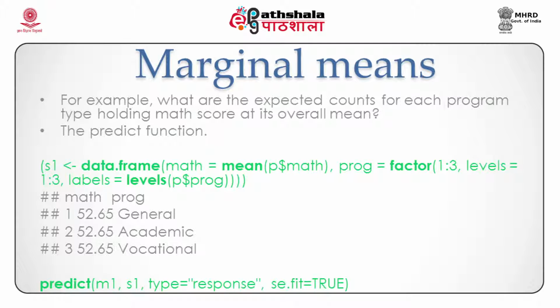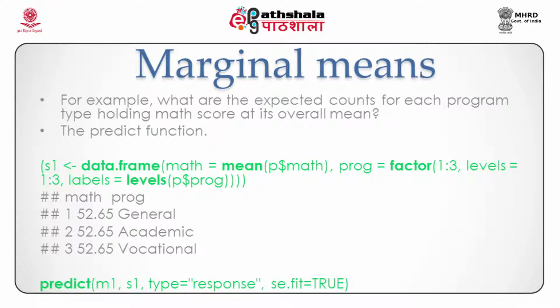So here you can see the s1 data frame. We predict using the model M1 on the data frame s1. We wish to predict the response, so we say type equal to response and se.fit equal to TRUE, so as to return not only the predicted values but also the corresponding standard errors of prediction.